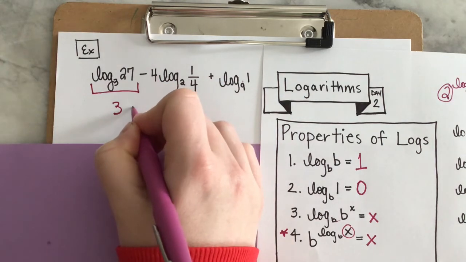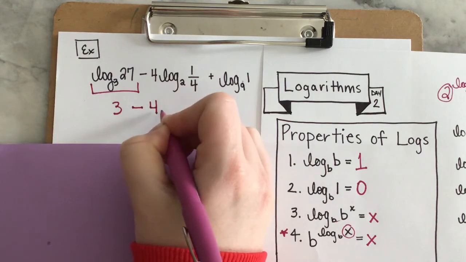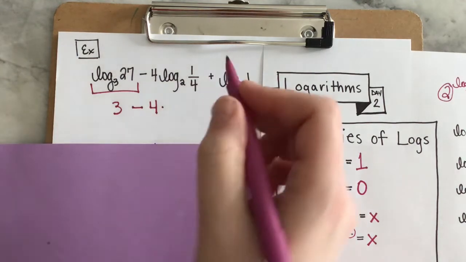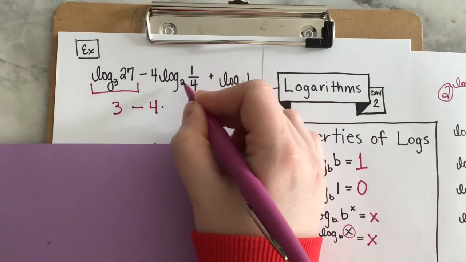Then I'm going to bring down my minus. And then I have a 4 as a coefficient. So I have 4 times log base 2 of 1/4. Can we rewrite 1/4 so its base is 2?